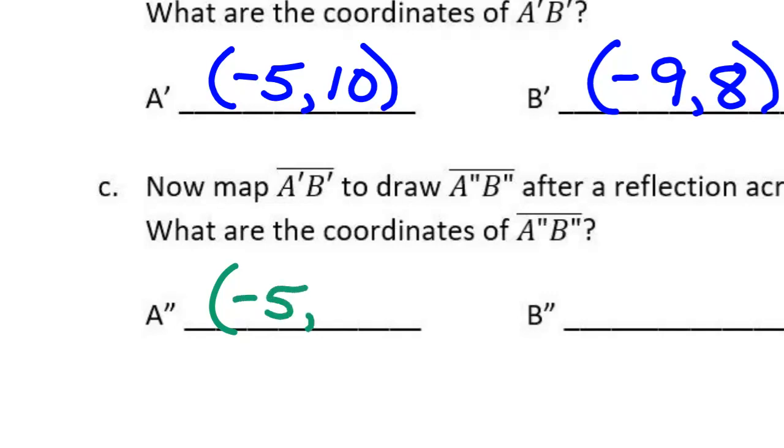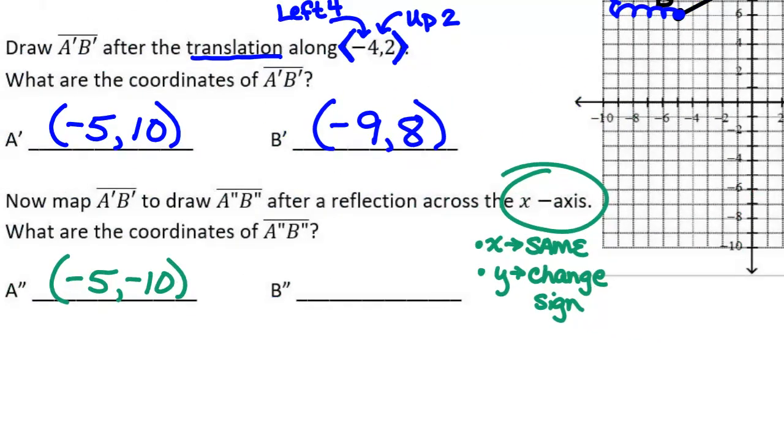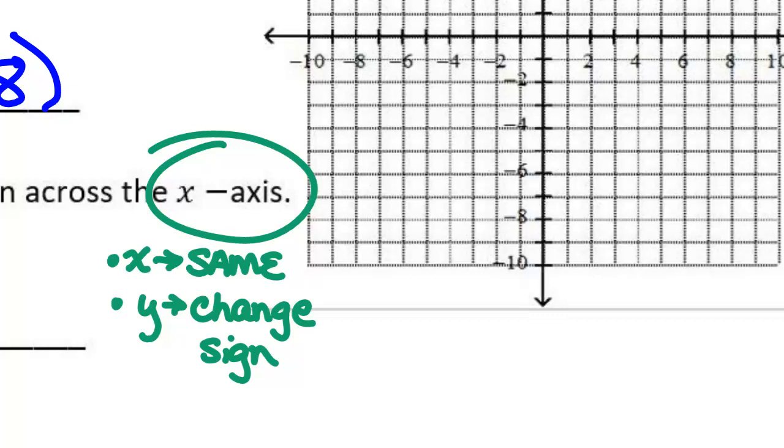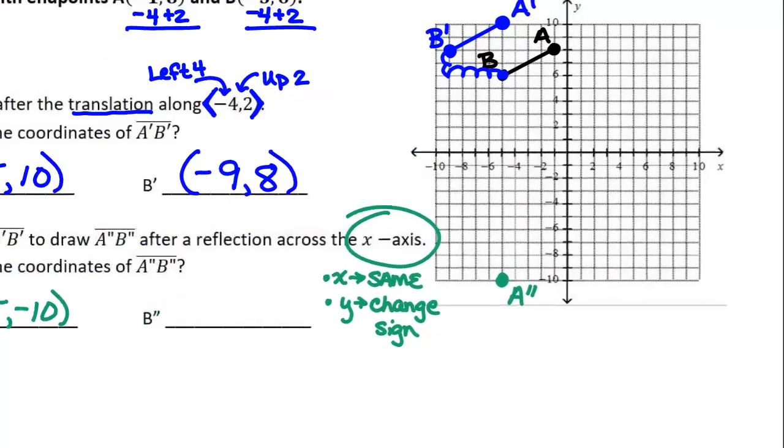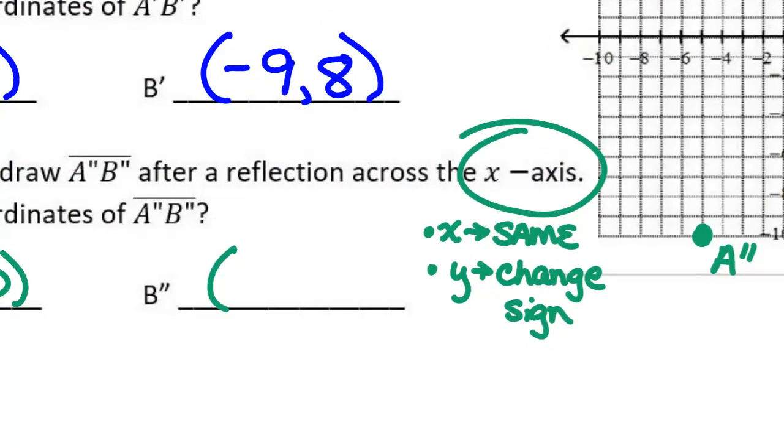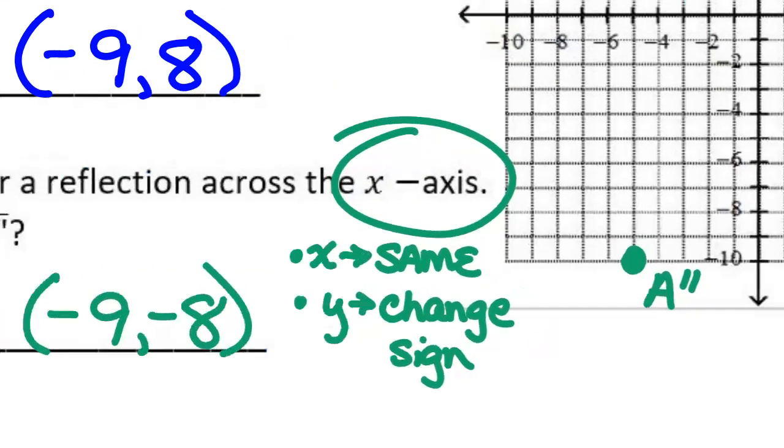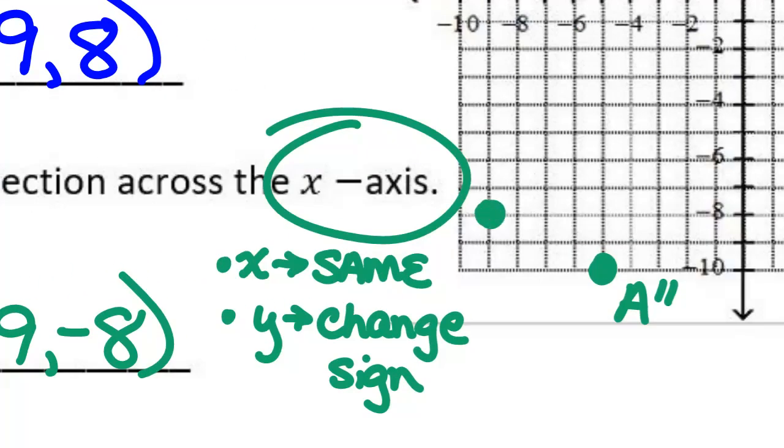Be -5, and it's going to be -10 because my y's are going to change signs. So -5, -10. My A double prime is way down here. Where would B double prime be? -9, -8. So right here for B double prime. And then I would connect those two together.